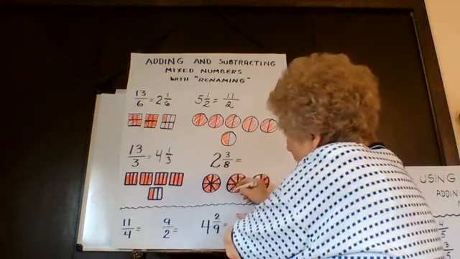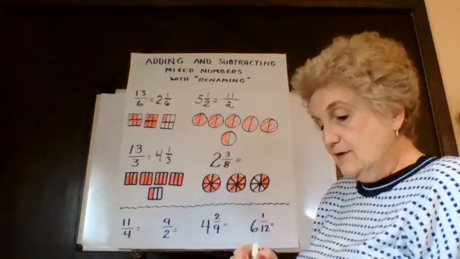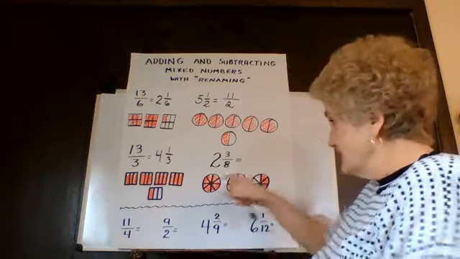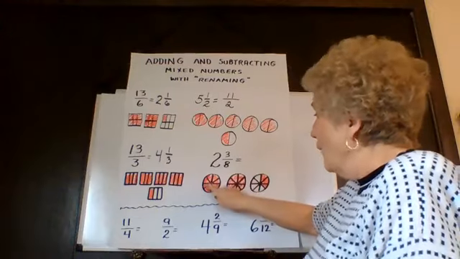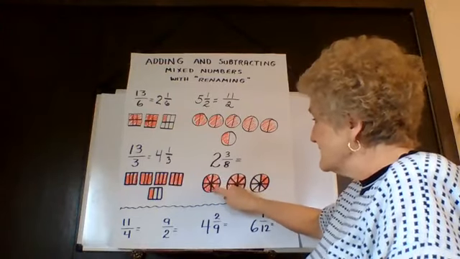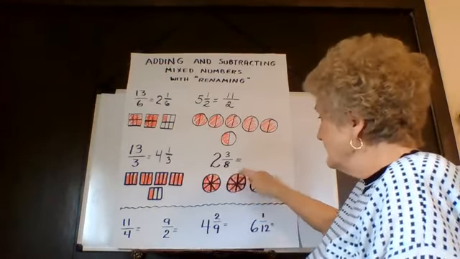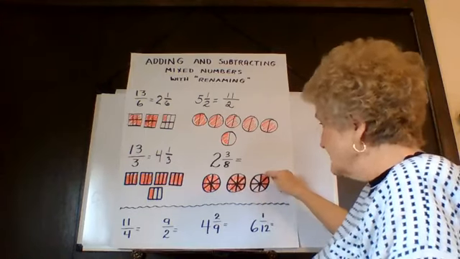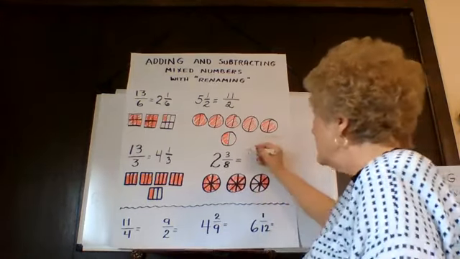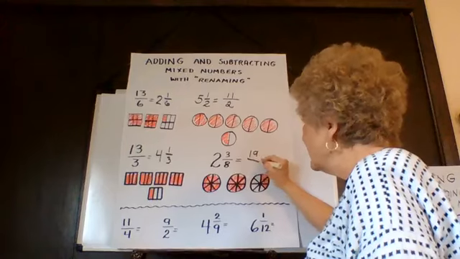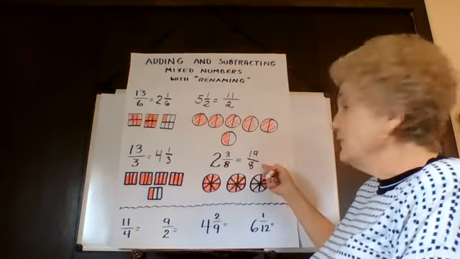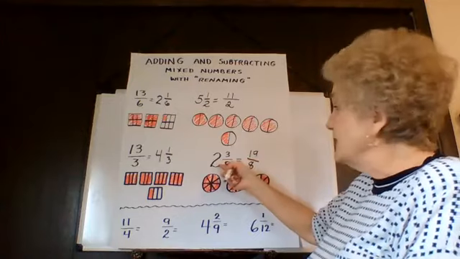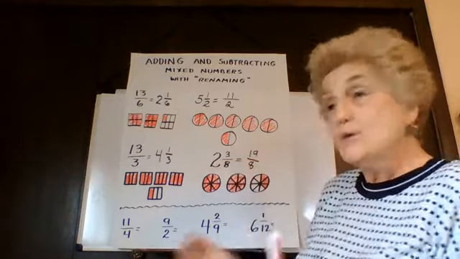That's 2 wholes and 3/8 of another circle. Now let's count up all the eighths because they're divided into 8 equal parts. 1, 2, 3, 4, 5, 6, 7, 8, 9, 10, 11, 12, 13, 14, 15, 16, 17, 18, 19 eighths. We just renamed that. Sometimes we have to use the improper fraction form. Sometimes we use the mixed number form, but we need to know how to do both ways.